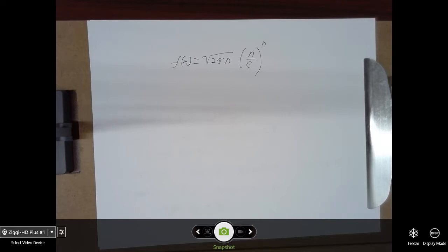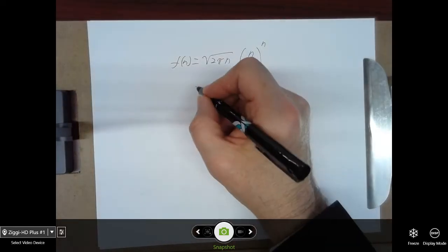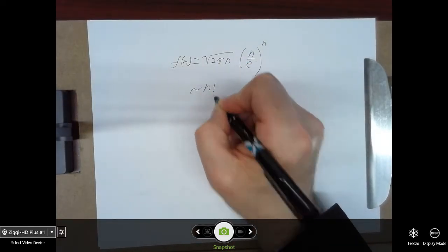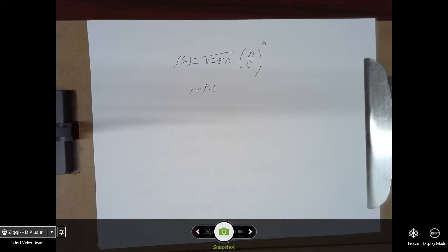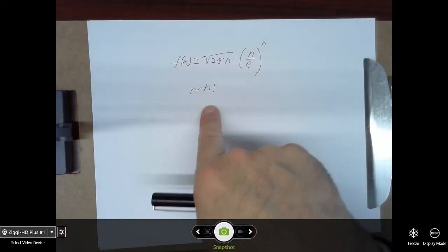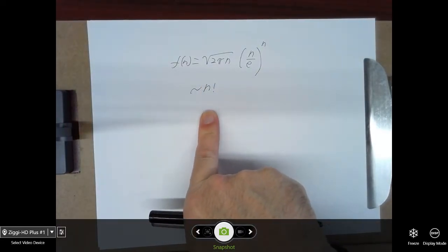Is that a function? Sure. It's well defined. Turns out this gets you pretty close to n factorial. And in fact, as n gets larger and larger, this gets closer and closer to n factorial. And in the limit, as n approaches infinity, this approaches exactly n factorial.